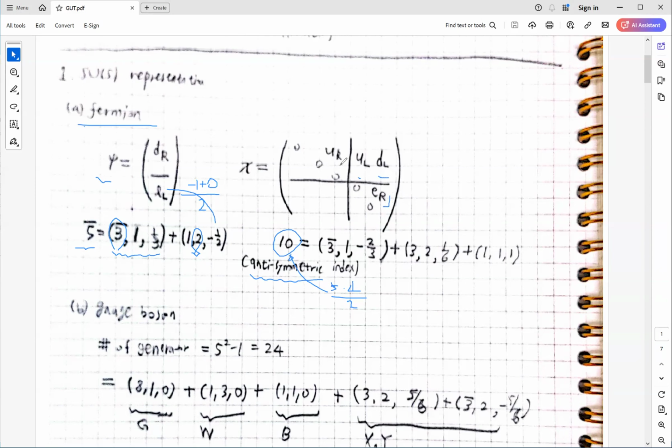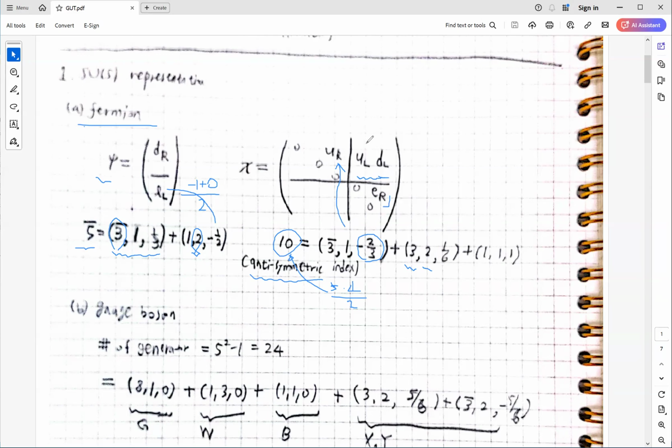So the right-handed anti-up is given by the 3 bar, and because this is the anti-quark, the hypercharge is given by -2/3. And the left-handed up and down are given by the weak doublet, so it's given by the 3 representation and 2 representation for SU(3) and SU(2) respectively.